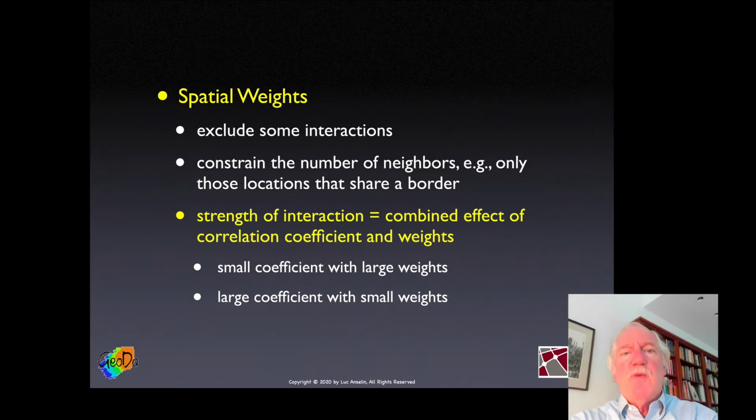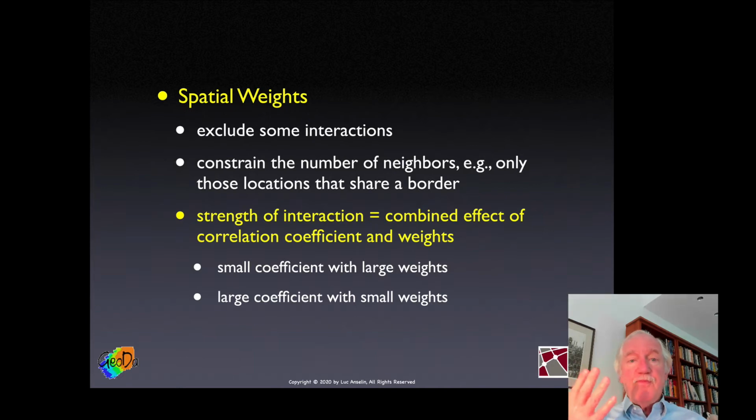As we'll see in the next module, the value of the statistic as such is really not that meaningful, because remember, we're trying to deal with interaction, and we will model, so to speak, or formalize that interaction by this weights matrix, which constrains the interaction to only a few neighbors, and then some coefficient that measures the strength of that interaction. So the interaction is actually made up of two parts.